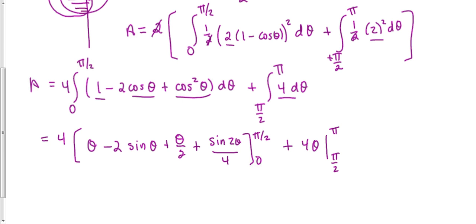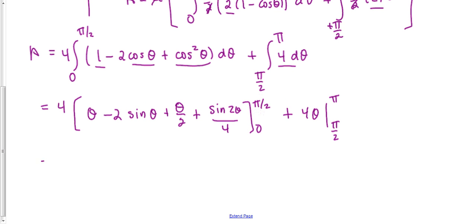And we're ready to substitute in our limits of integration. So I'm still going to keep my 4 out here, and I'm going to substitute in pi over 2. So I'm going to have pi over 2 minus 2 times the sine of pi over 2, which is 1, plus pi over 2, which is going to give me pi over 4, plus, when I substitute in here, this is really going to give me the sine of pi, which is going to be 0.